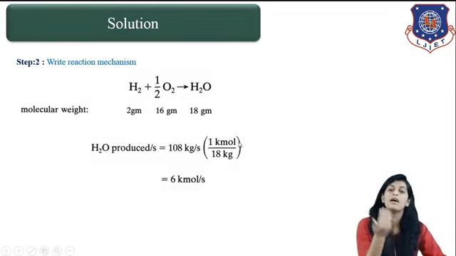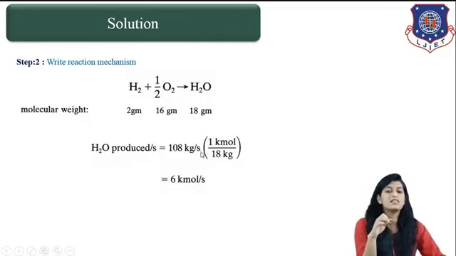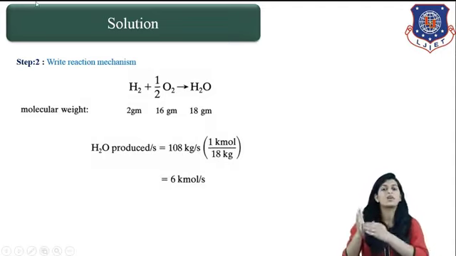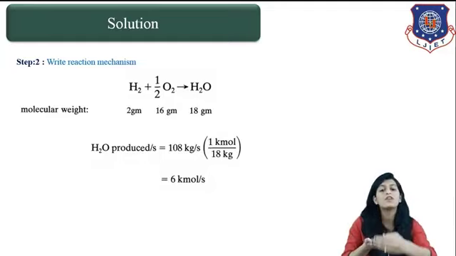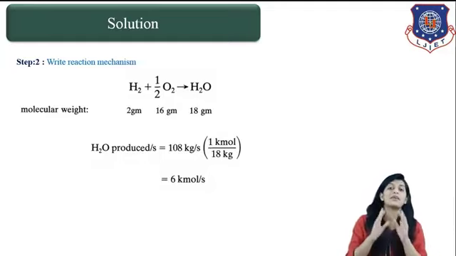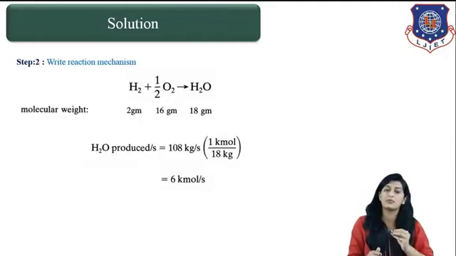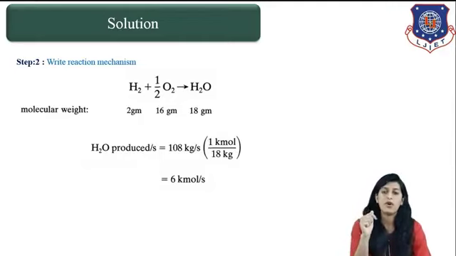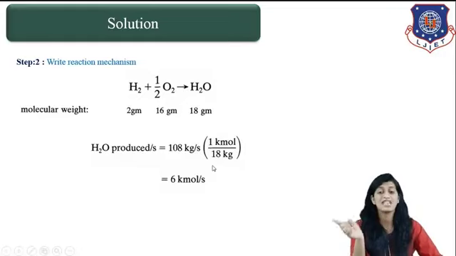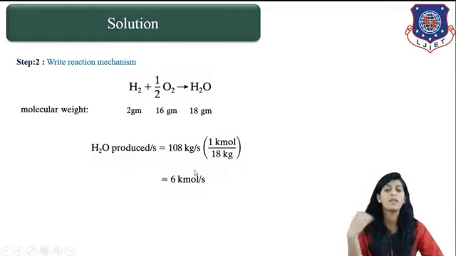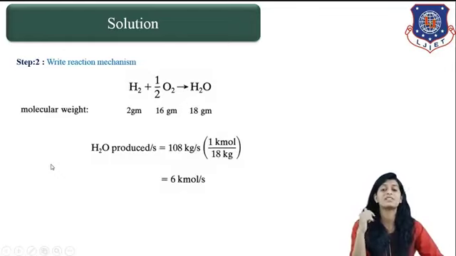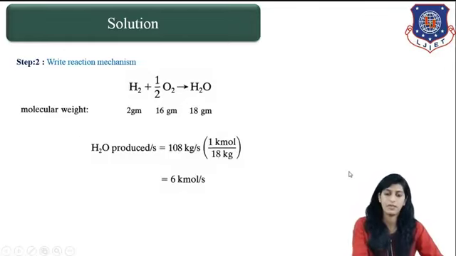So 1 kilomole divided by 18 kg, and the kg cancel out. It will now be a molar flow rate. What we basically did is convert our mass flow rate to molar flow rate, and only then can we calculate the amount of reactant consumed. Using this formula, we have converted from 108 kg per second, which is the mass flow rate of the final product H2O, to 6 kilomole per second, which is the molar flow rate for the given product.